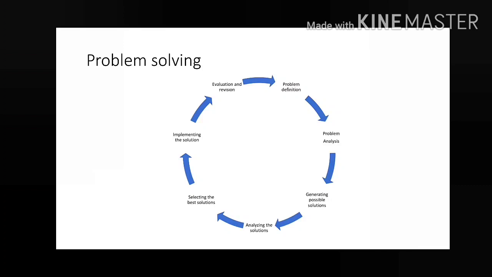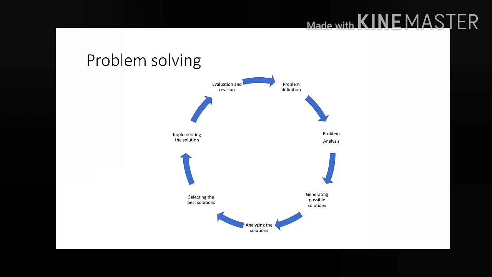And again, if he found that the option that he has chosen has given him right thing, then he can say that his problem has been solved. But if it has not given him the right way, then he can again generate the possible solution. I hope this problem solving process is clear to you all.